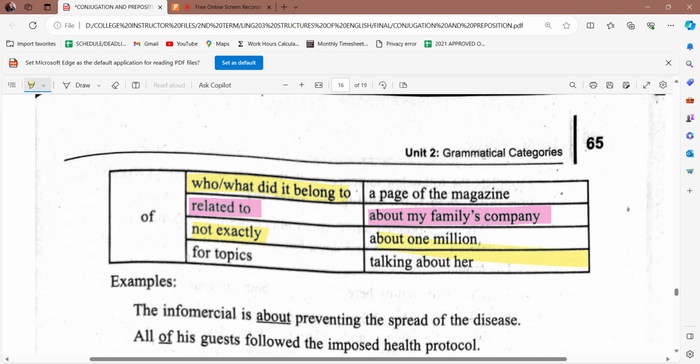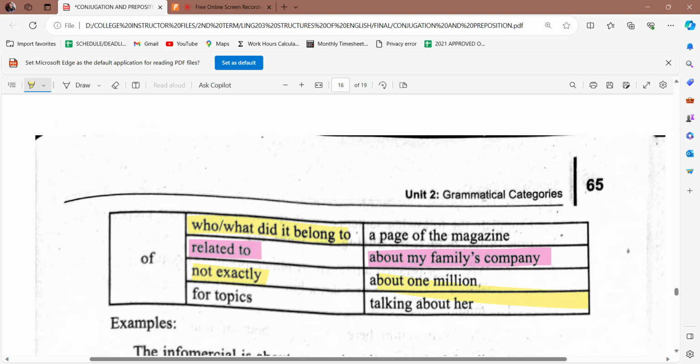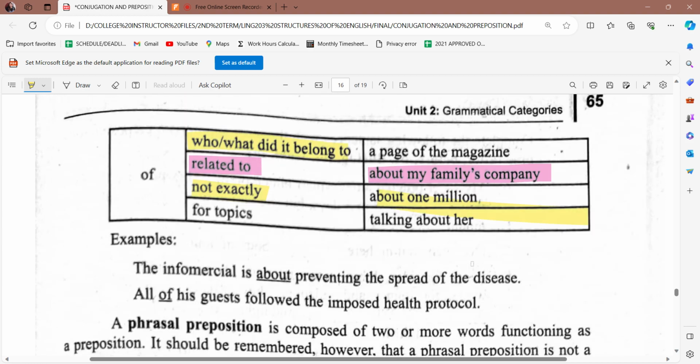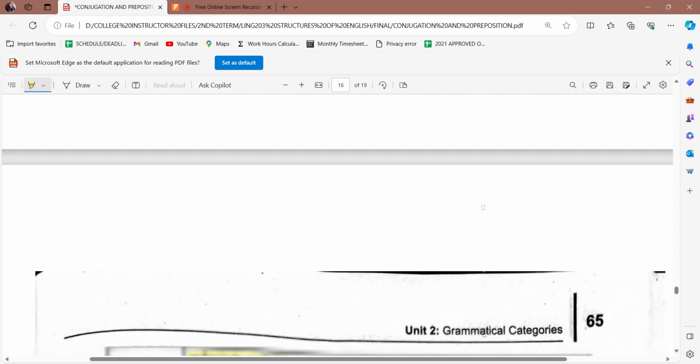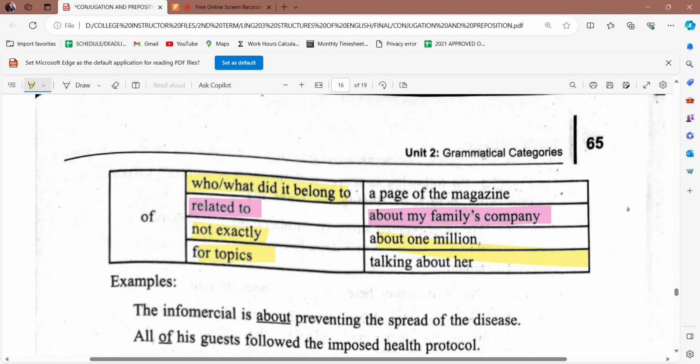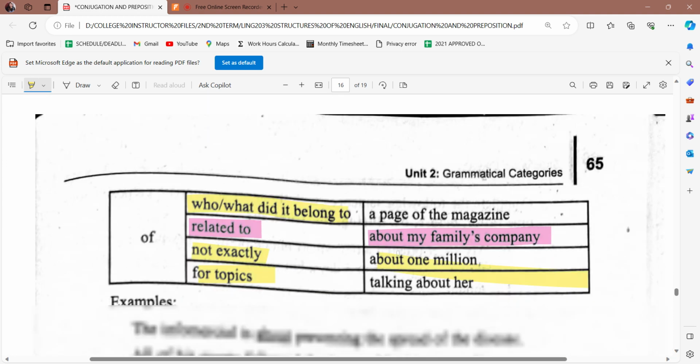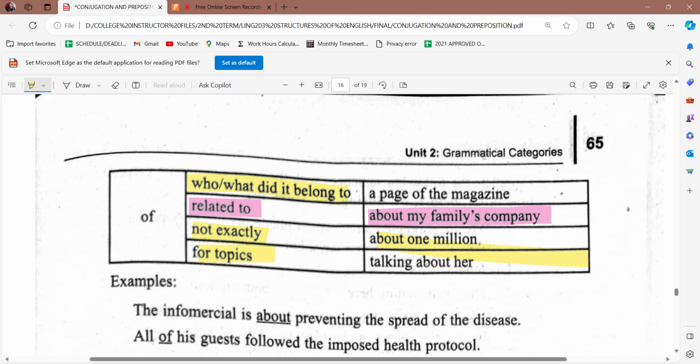And then for topics, talking about her. Here there are examples of for, by, with, and this one is an example for about. It is not of, it is about.